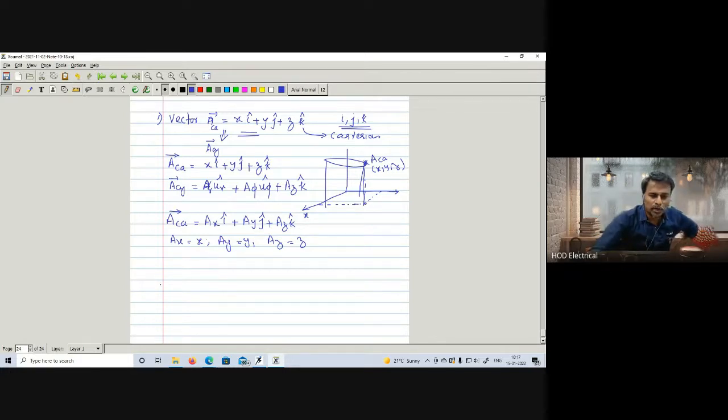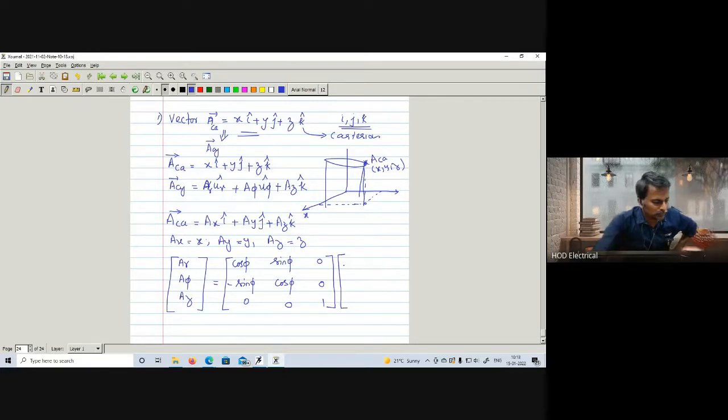Now, we already know how to convert spherical to Cartesian. For that, we know the matrix of AR, A phi, and AZ can be written in matrix form: cos phi, sin phi, 0; minus sin phi, cos phi, 0; then 0, 0, 1; multiplied by Ax, Ay, Az.